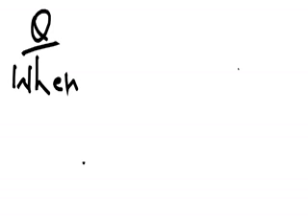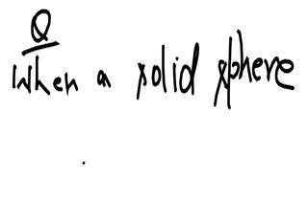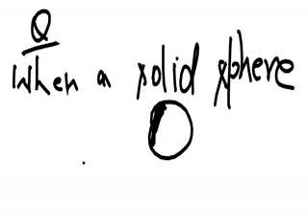When a solid sphere, you are seeing this solid sphere like that. In this solid sphere you have radius r, right?